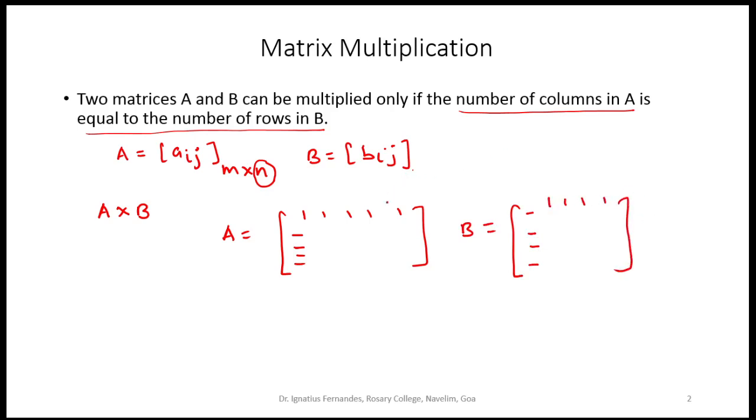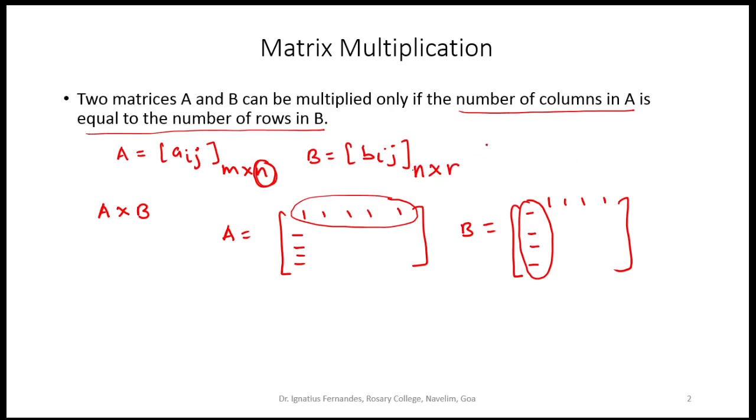Then the requirement is the number of columns in matrix A should be same as the number of rows in the matrix B. So here when we say the order of A is M cross N, the number of columns is represented by N. So if the number of columns in A is N, it should be same as the number of rows here. So the order of B should be N cross whatever is the number of columns in B. That doesn't matter to us.